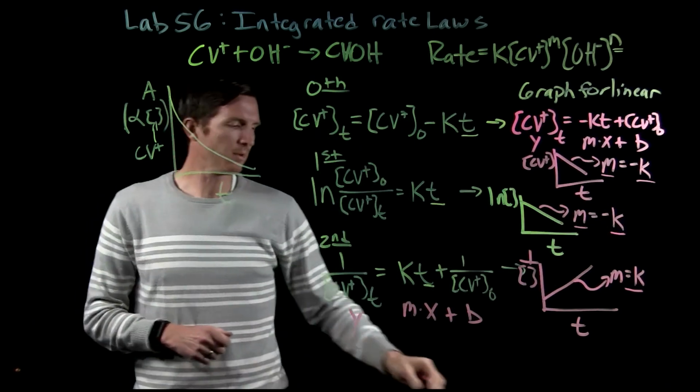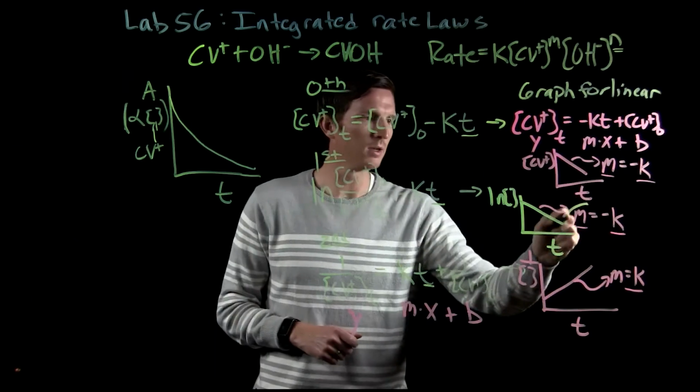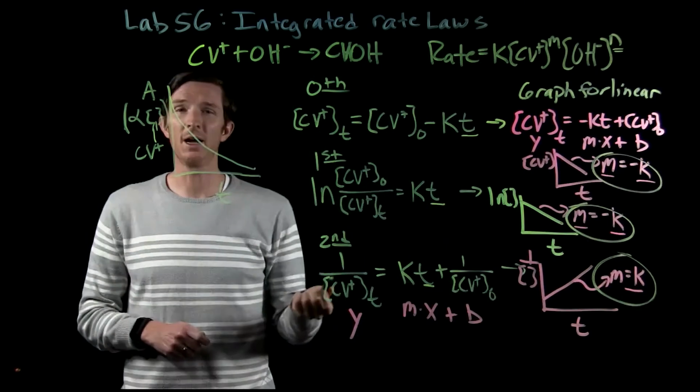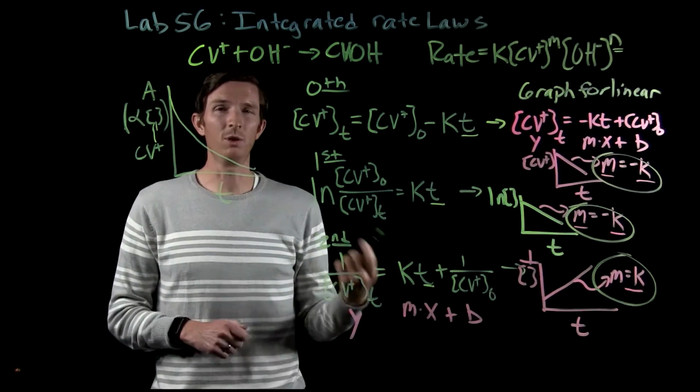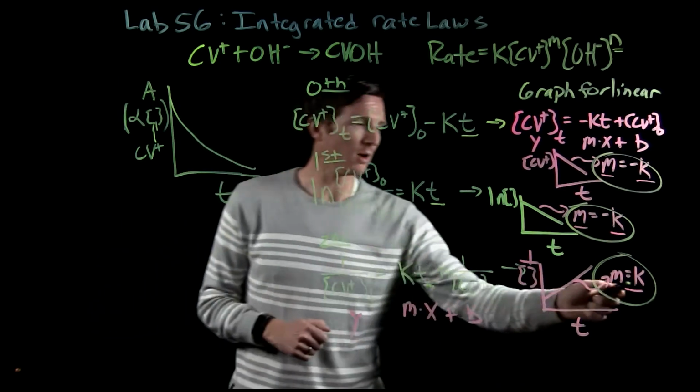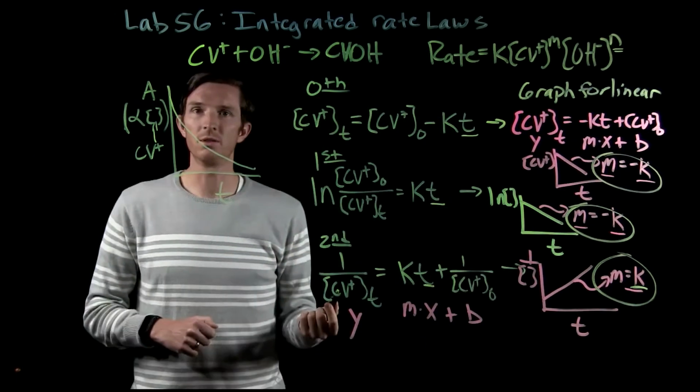By looking at the slope, we have the ability to determine the rate constant value, which is important because now we're going to do this reaction at multiple temperatures. Once we do it at multiple temperatures, going back to what we've learned already, our rate constant changes with temperature.